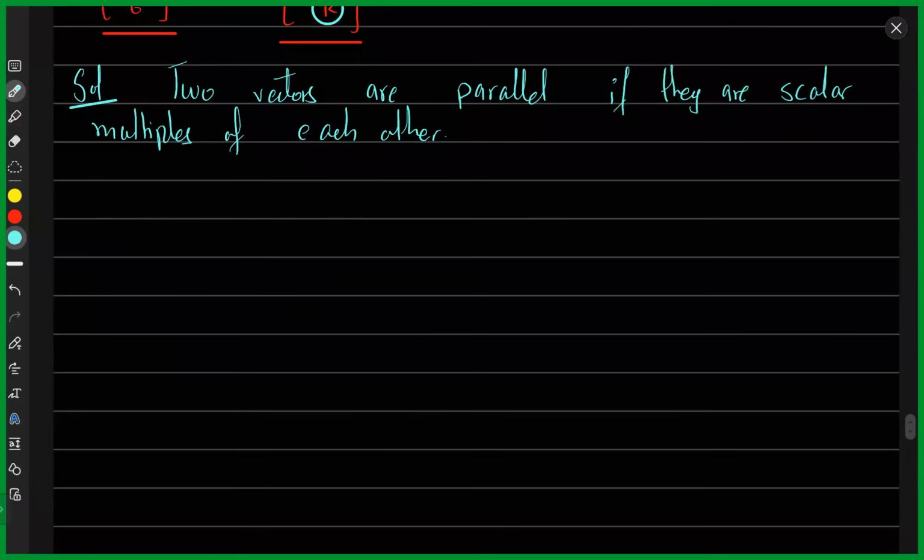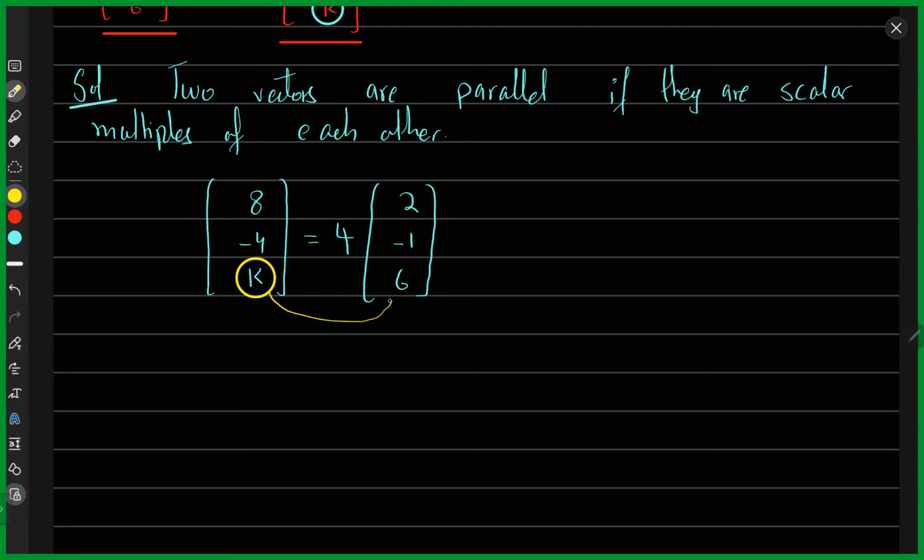So having said this, we know that (8, -4, k) is basically equal to 4 multiplied by (2, -1, 6), and this comparison implies that k is equal to 4 times 6, which is 24.